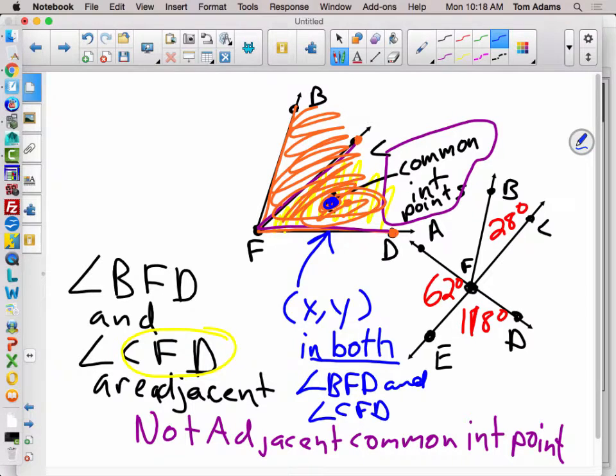Does that make sense? Therefore, they're not adjacent. Okay? Now, there's some more questions regarding all this stuff. So the other question is, can I erase some of this information? Okay.